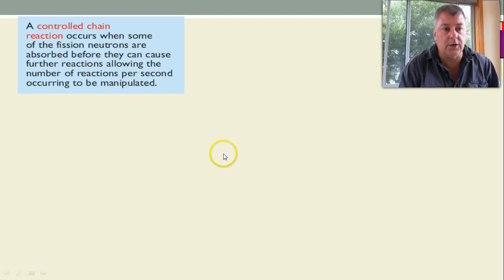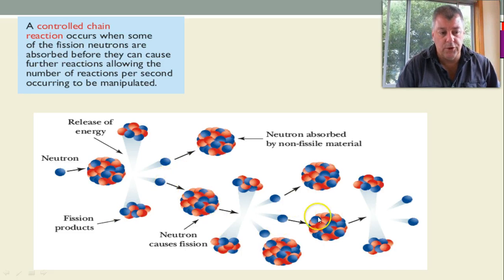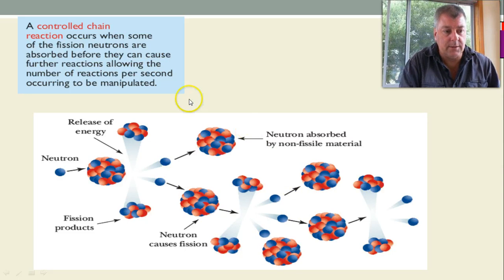A controlled reaction is what we do in nuclear reactors, and same starting point, but what happens is only a small number of the neutrons get to go off and cause more fission. We actually put in something that absorbs neutrons. So here, this neutron is absorbed by this material.